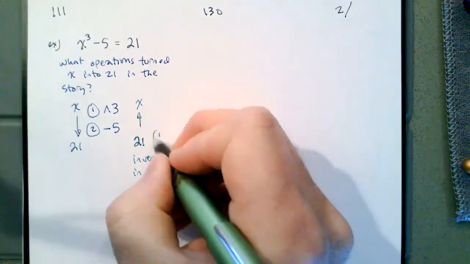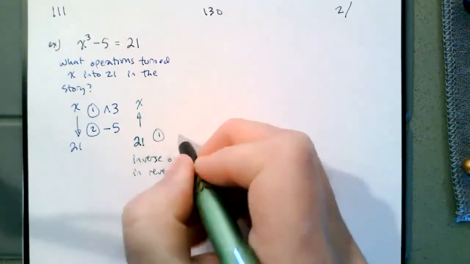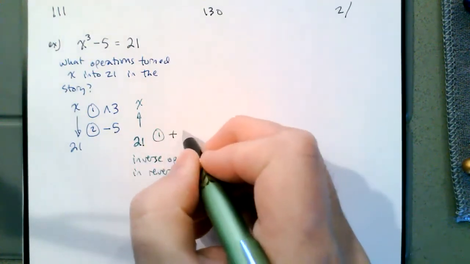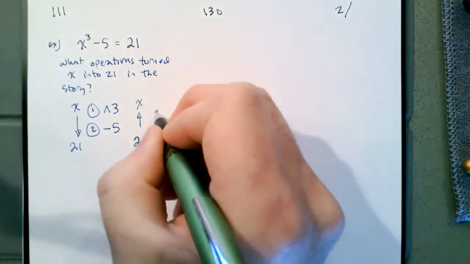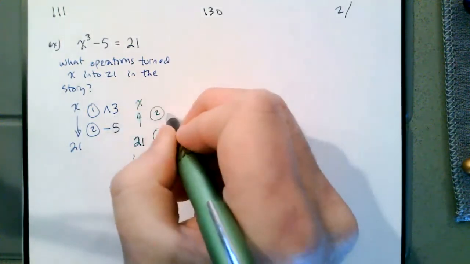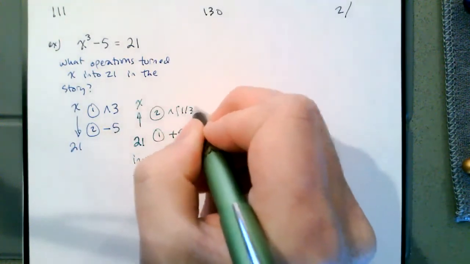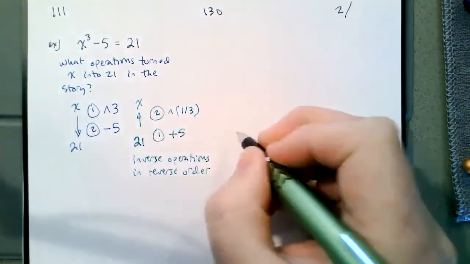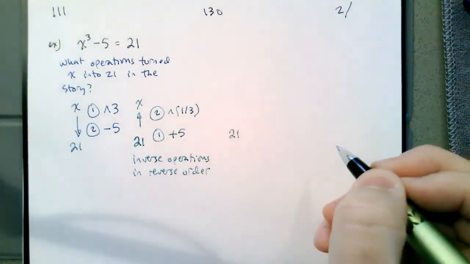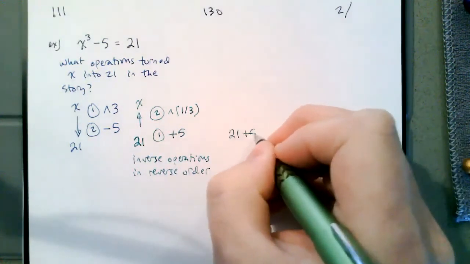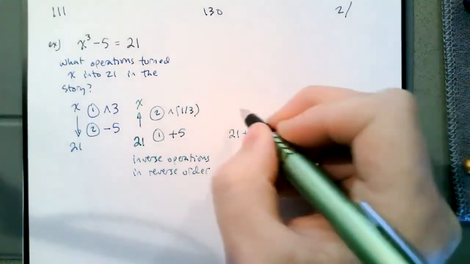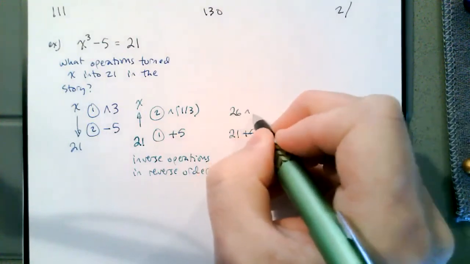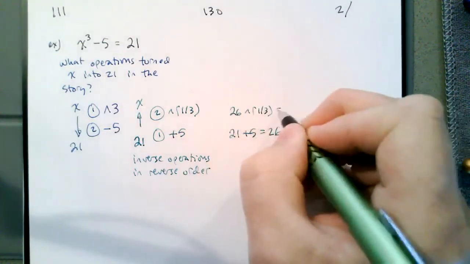So first, we'll take the 21 and we'll do the inverse of subtracting 5, which is add 5. And second, we'll do the inverse of a 3rd power and raise to the 1/3 power. So I'll take my 21 and I'll start off by adding 5 to it and come up with 26, and then take my 26 and raise that to the 1/3 power.